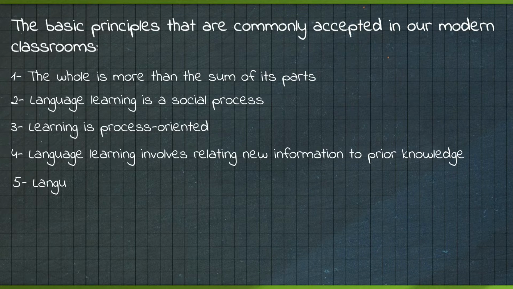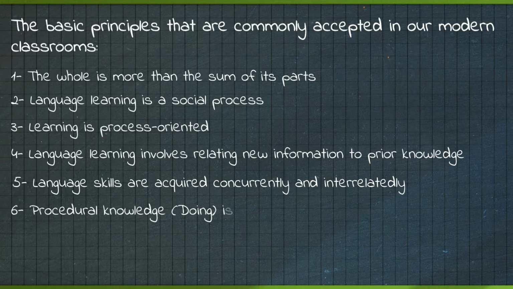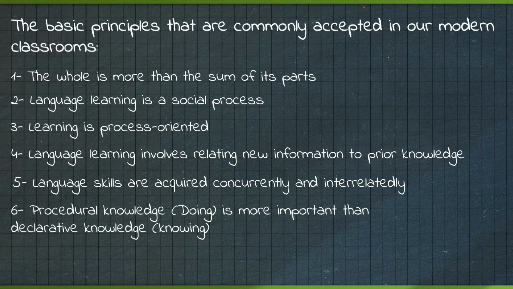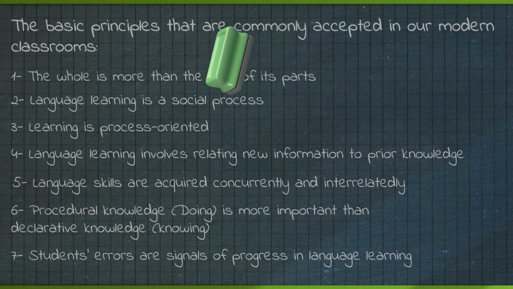And 5, language skills are acquired concurrently and interrelatedly. 6, procedural knowledge, that is to say, doing, is more important than declarative knowledge, knowing. And the last principle here, students' errors are signals of progress in language learning.